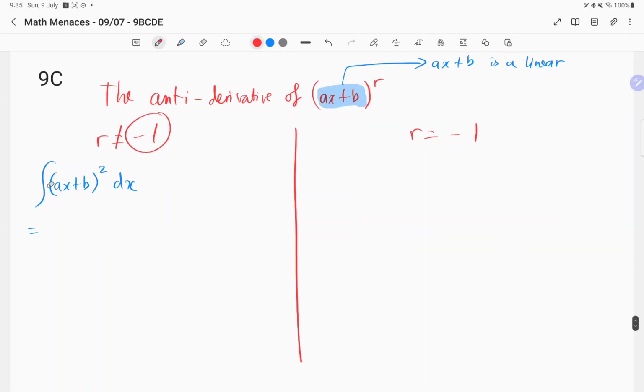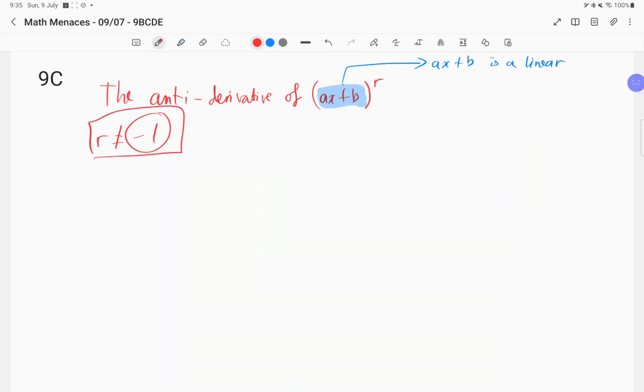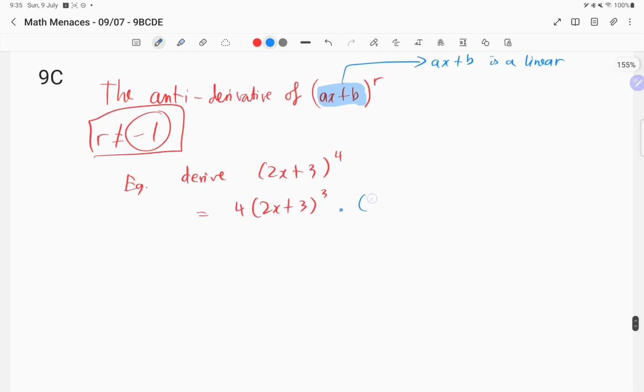Because when you derive it, let's say we were to derive (2x + 3) to the power 4, then what will we get? Well, this is the chain rule. So you go 4 times (2x + 3) to the power 3, and then you need to derive what's inside it, which is just 2.